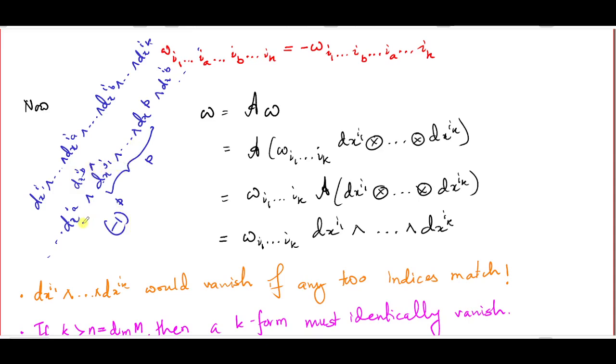But now, that's not the interchange. After all, here you have dxia and dxib sitting next to each other. In order to get an interchange, dxia would have to go jumping back to this position where dxib used to be before. So you have to bring dxia here. But note that when it does that, it has to jump across the original p dx's which are there, but also the dxib first.